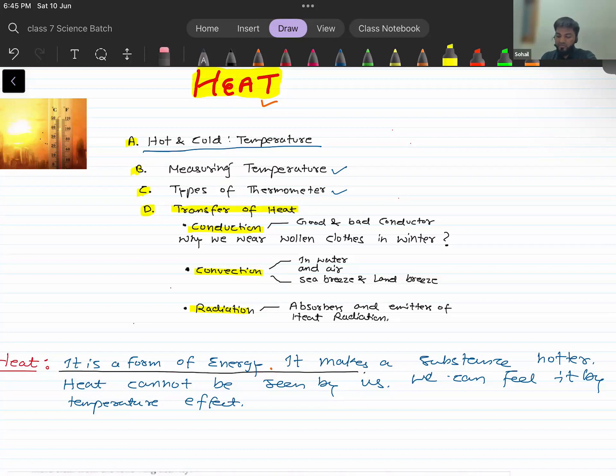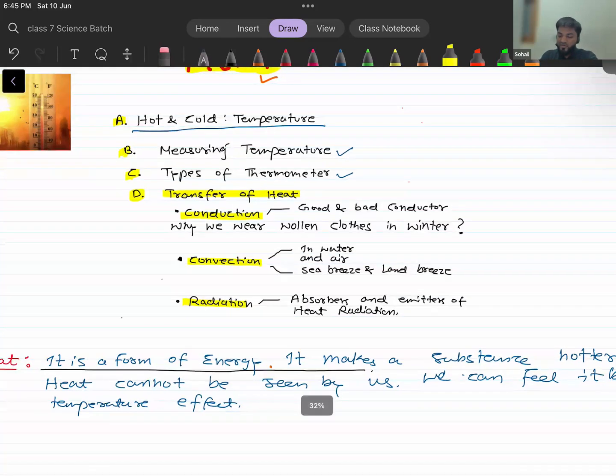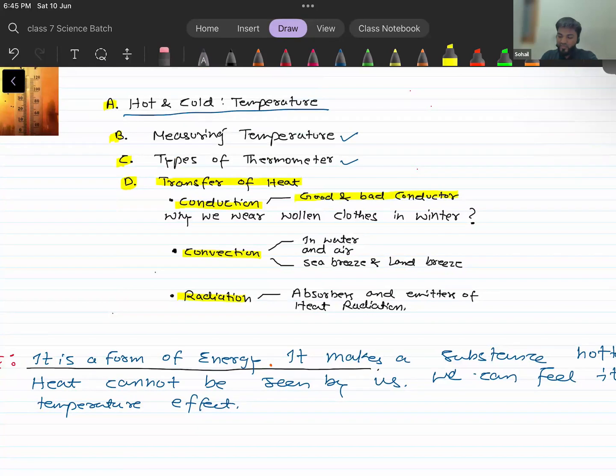In conduction, we will talk about how heat transfers in solids and what are good and bad conductors, and why we wear woolen clothes in winter and not cotton clothes, because even air acts as an insulator, a bad conductor of heat.